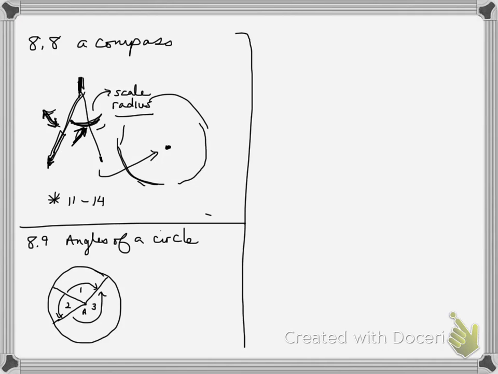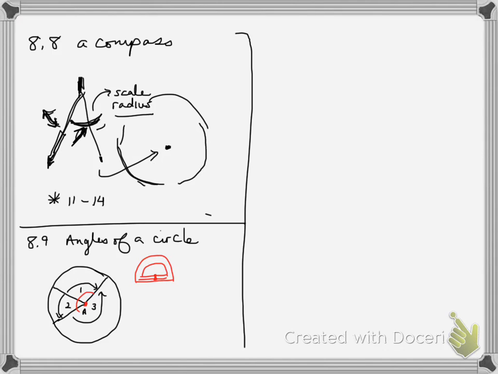Now, how would I measure that angle 1? Well, you've already done that when you've used a protractor. So let me illustrate my little protractor here. I'm going to take that center of the protractor, right there probably, and line that up with this.